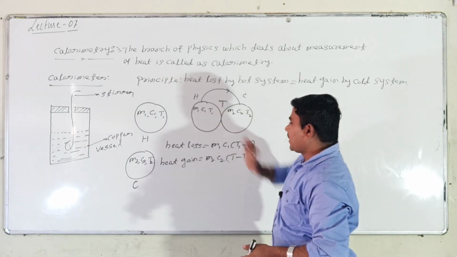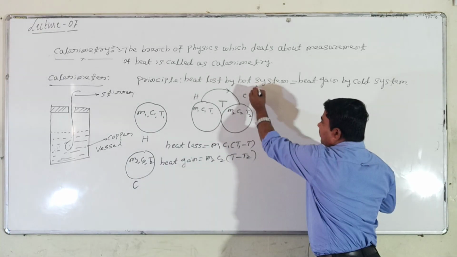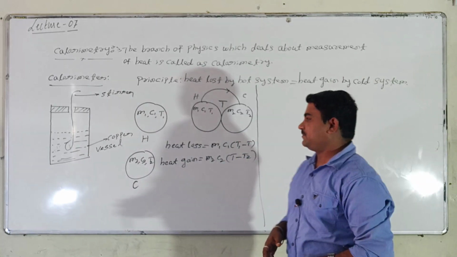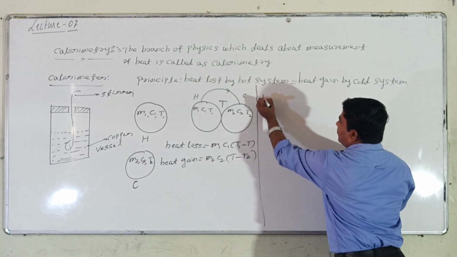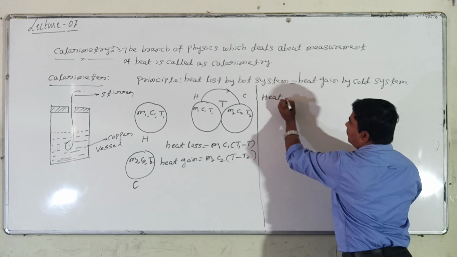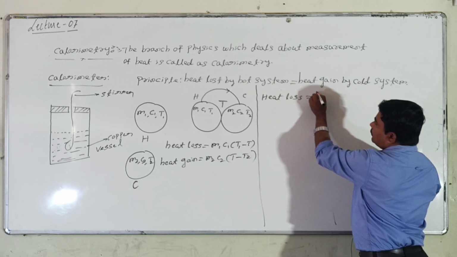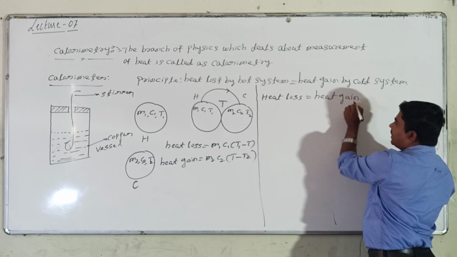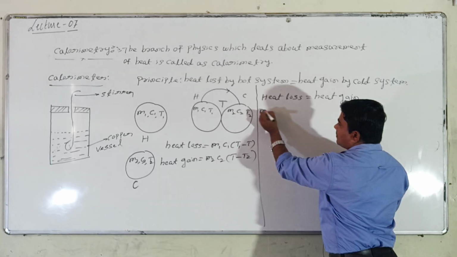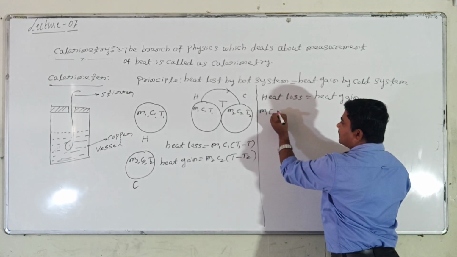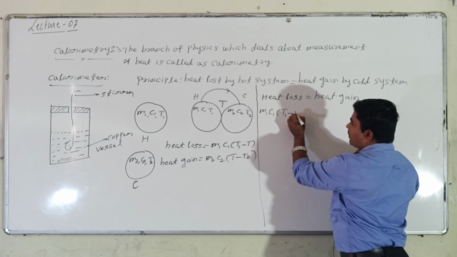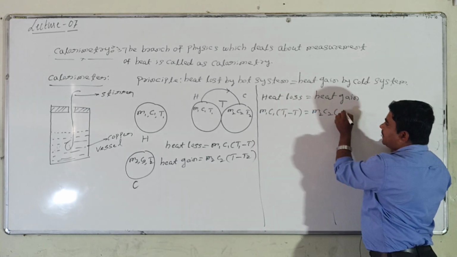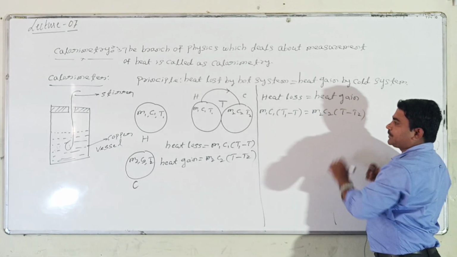But what is the principle of calorimeter? The principle of calorimeter says that heat lost by the system must be equal to heat gained by the system. Heat loss is m1 C1 into T1 minus T. Heat gain is m2 C2 into T minus T2.